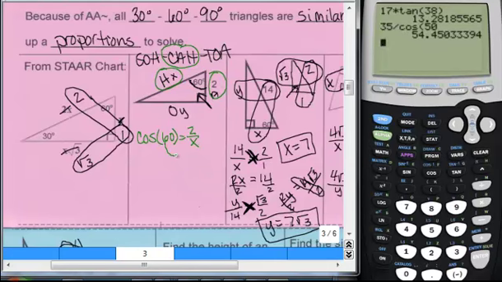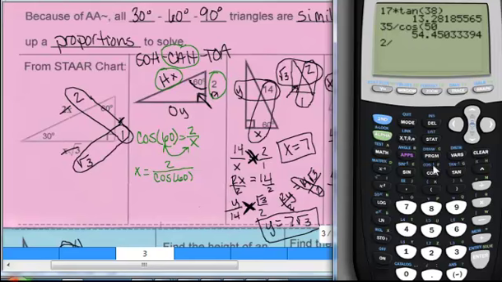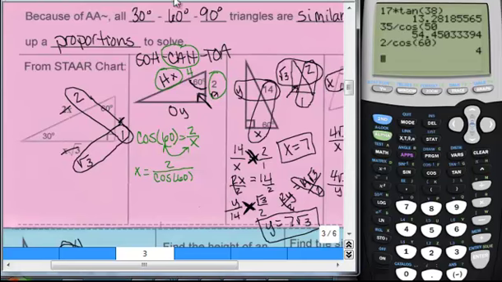Remember, if the x is in the denominator, we flip-flop. So x is equal to 2 divided by the cosine of 60, and it should be 4. And it is, so that worked. So this should be 4.